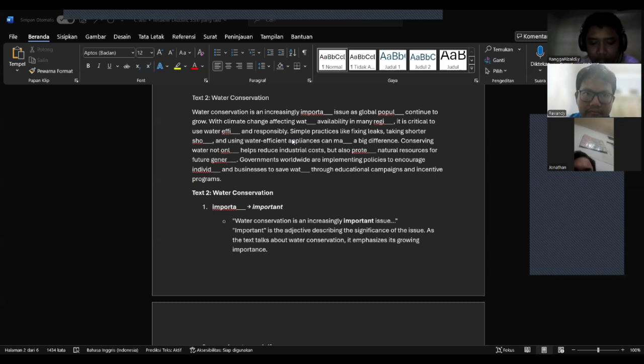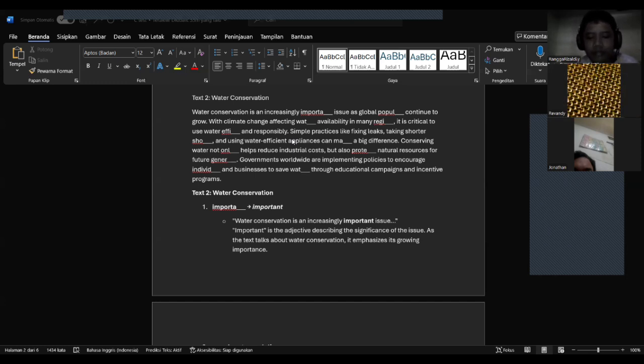Simple practices like fixing leaks, taking shorter showers, and using water-efficient appliances can make a big difference. Conserving water not only helps reduce utility costs, but also protects natural resources for future generations.